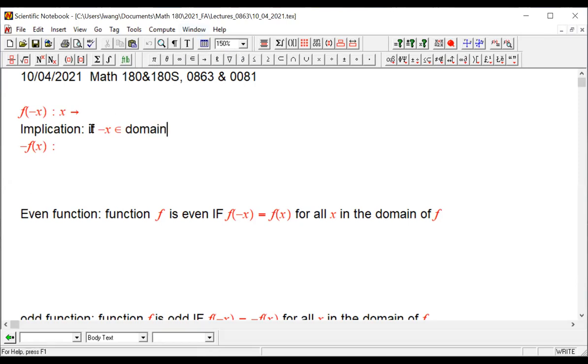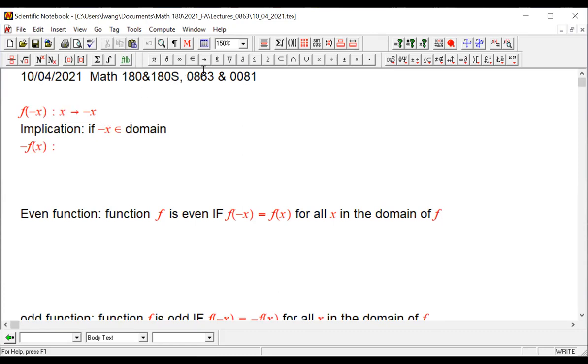So x is chosen, and then we negate x, put a negative sign in front of it. For example, if x was 2, you make it negative 2. If x was -5, then negative of -5 is +5. Depending on what the domain is, if those numbers are in the domain, you can put a negative sign in front and it's still in the domain.